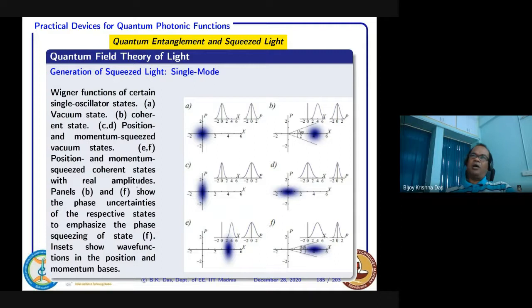Now, I think today I stop here. Tomorrow I will discuss how you can actually generate squeezed light in an actual device. What is the criteria? What particular things you should manipulate in your device so that you can get squeezed light for single mode, particularly when degenerate daughter photons are generated, because those are the things we will be using for our applications.